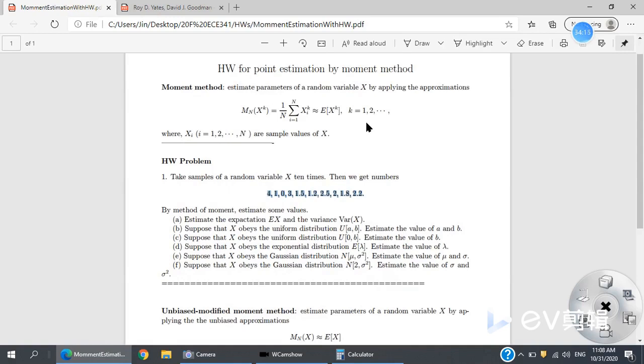For Gaussian, let me copy it. X obeys the Gaussian normal distribution with parameters mu and sigma square. We want to find mu and sigma square, or sigma. Okay, this problem is just sigma. We want to find sigma. Okay.